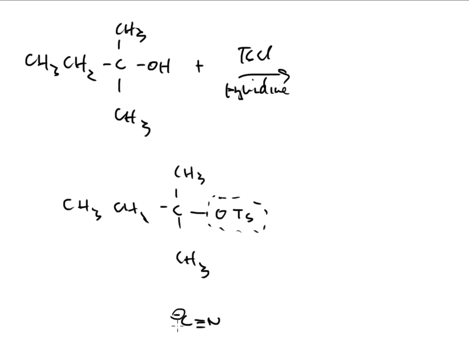The C triple bond N will come in, and ping, off goes the OTs, and that C triple bond N would take its place. That's kind of what we discussed, many lecture videos ago, it seems like. So these sulfonate esters have good leaving groups.